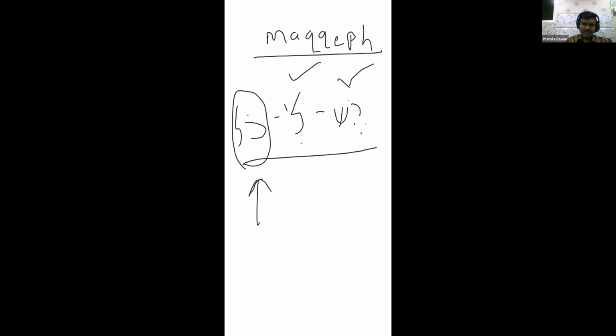Anyone? Esh means there is. I will tell you the meaning. Esh means there is, and ein means there is not. Now, Li means for me, and Kol means all. There is all for me.